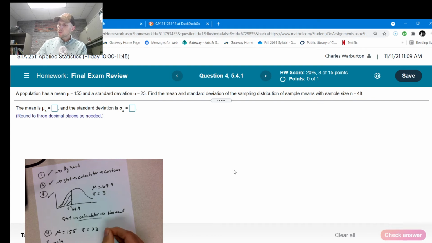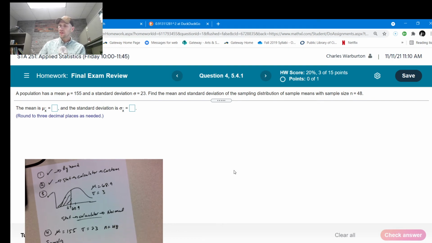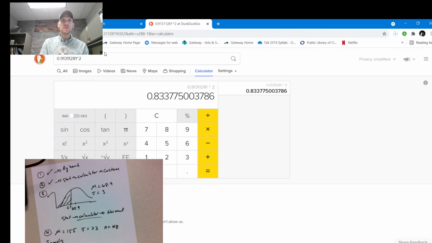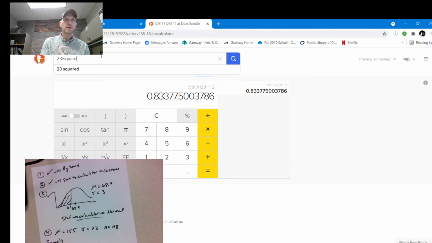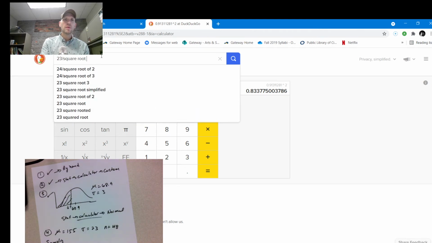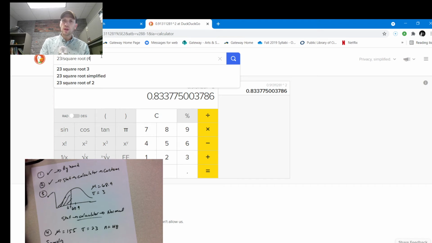My sample size was 48. So there it is. Let's figure out what that is. They want that to 3 decimal places. 23 divided by the square root of 48.